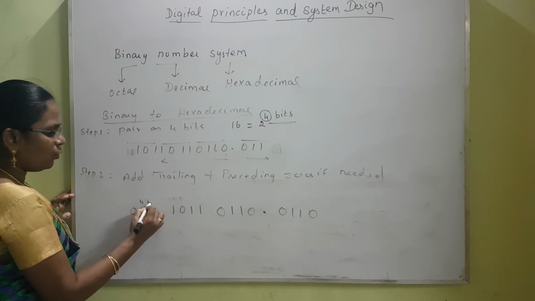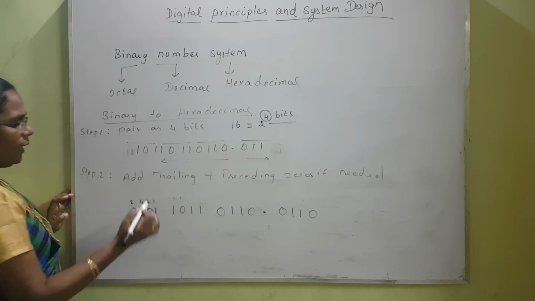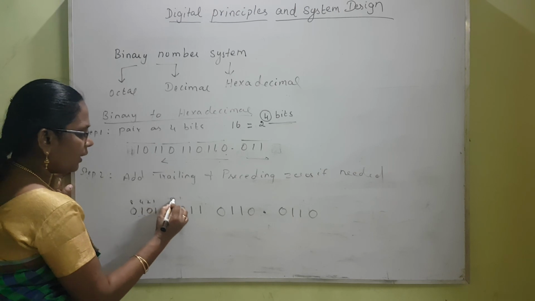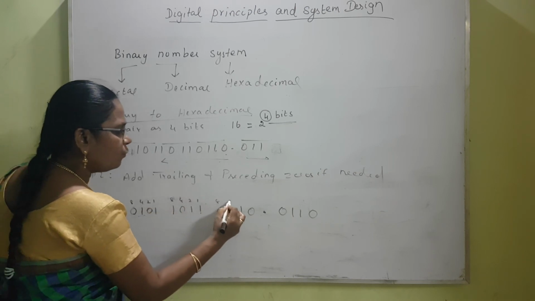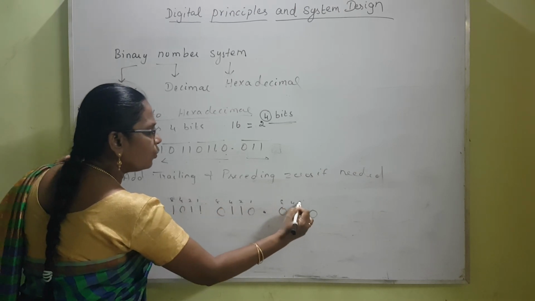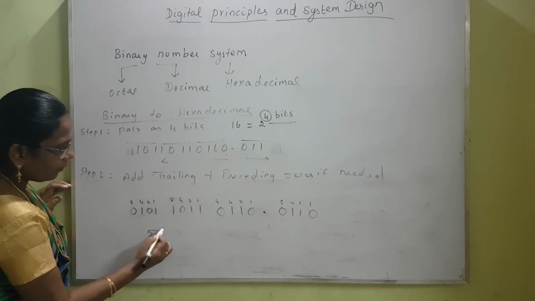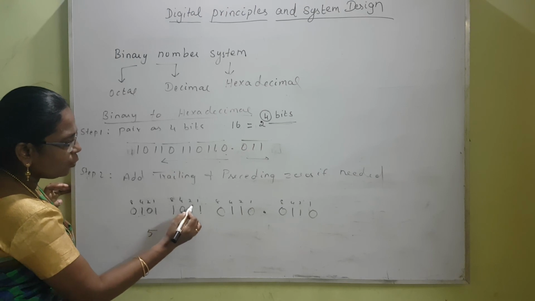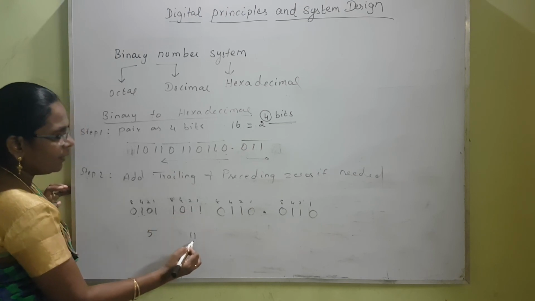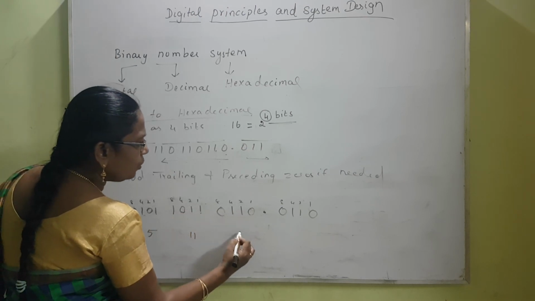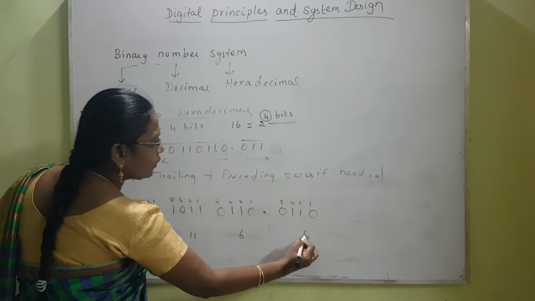Now there it was 421, 3 bits. Now this will be 8421. So 8421, 8421, 8421. Now 4 plus 1, this is 5. This is 8 plus 2 plus 1, this is 11. This is 4 plus 2, 6. This is 4 plus 2, 6.